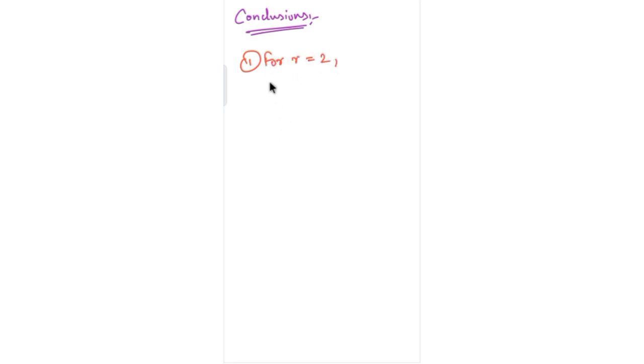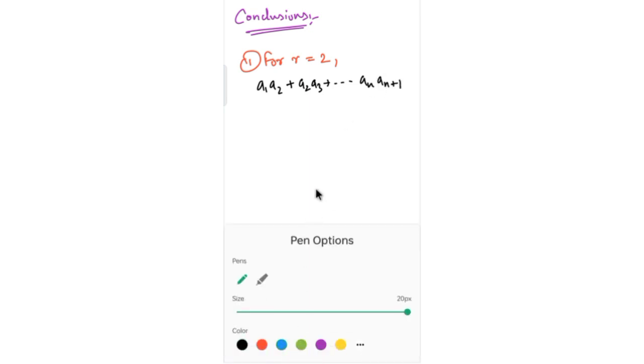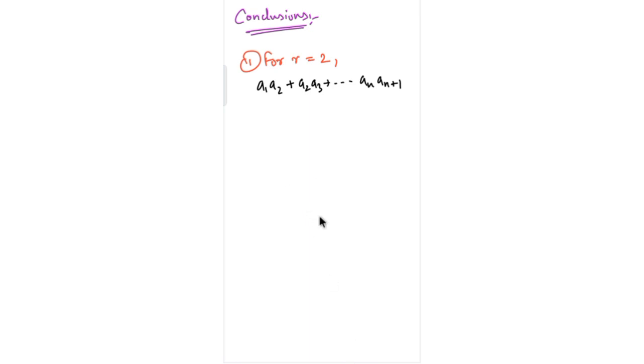Alright, for r is equal to 2, we can write this as a1 a2 plus a2 a3 plus so on plus a(n+1) a(n+2) is basically equal to, so you can just put the values there, and instead of r you can just put 2, and you get that to be 1/3 of (a2 minus a1) into a(n+1) a(n+2) minus a0 a1 a2. Alright, so this is what you want to get.